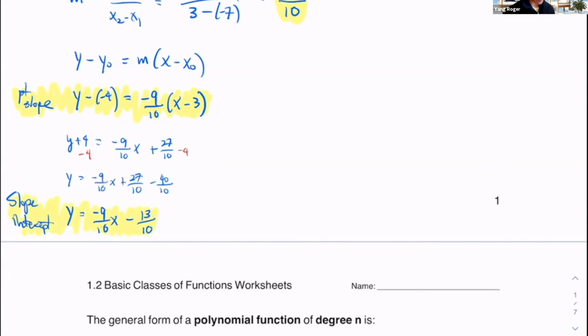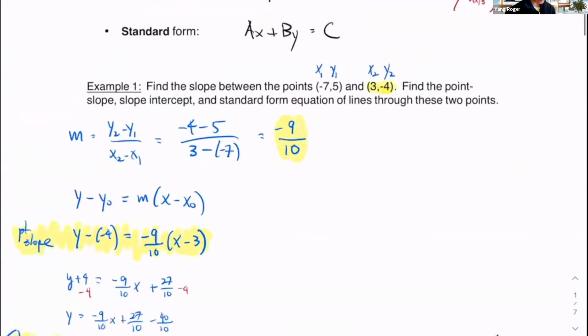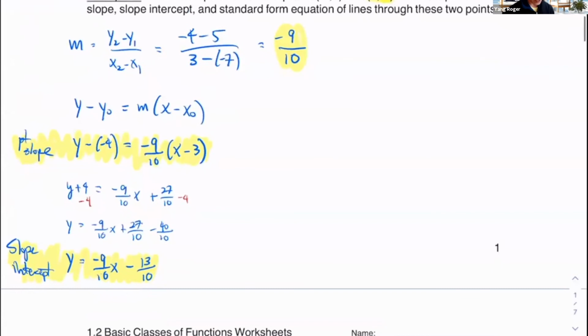And then the last thing we're going to do is write it in standard form. To write in standard form, I simply put all the x's and y's on one side and leave the constant on the other side. So the standard form is going to be 9 over 10x plus y is equal to negative 13 over 10.